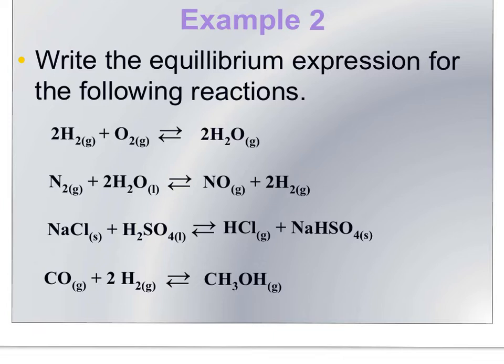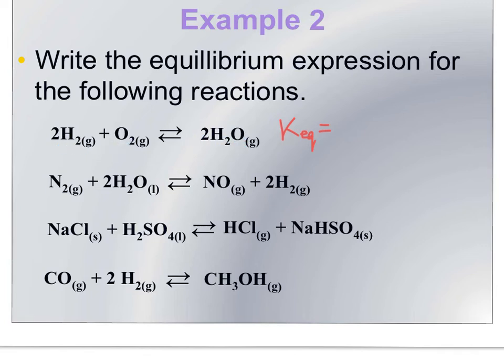Now, whether I tell you write the equilibrium expression or write the reaction quotient expression, you do it the same exact way. So you're going to write K as opposed to Q. You can write K or K with subscript EQ, same thing, is equal to the concentration of the products over the concentration of the reactants raised to the power of their coefficients.